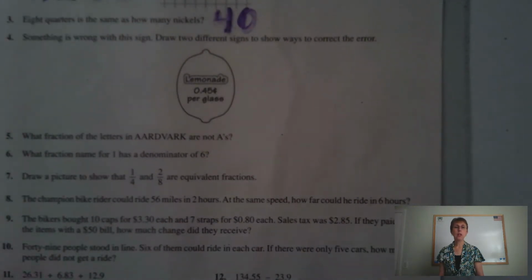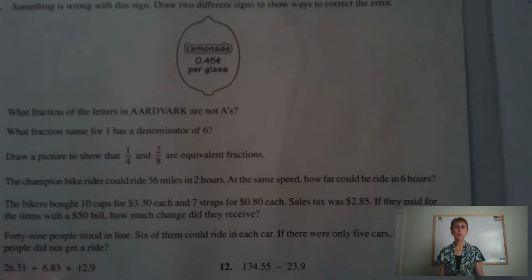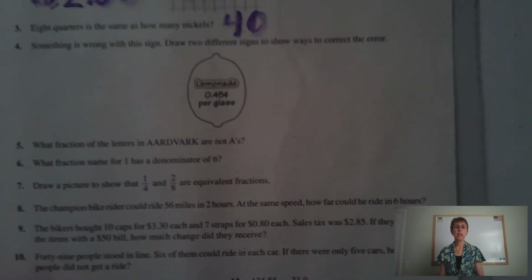Okay. All right, number 4. Something is wrong with this sign. Draw 2 different signs to show ways to correct the error. Well, first off, you need to take a good look and ask yourself, what is the error here? What is wrong with this sign?